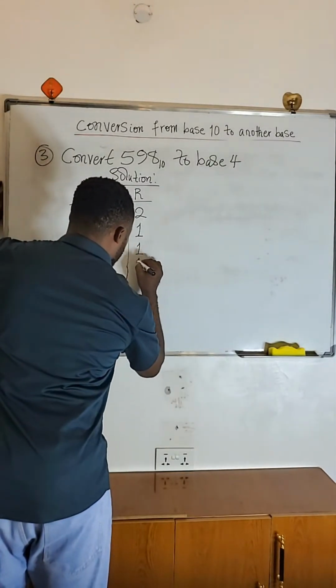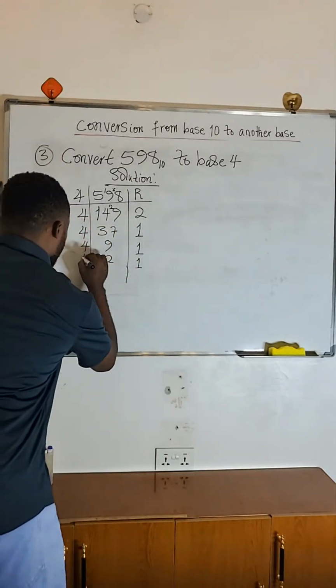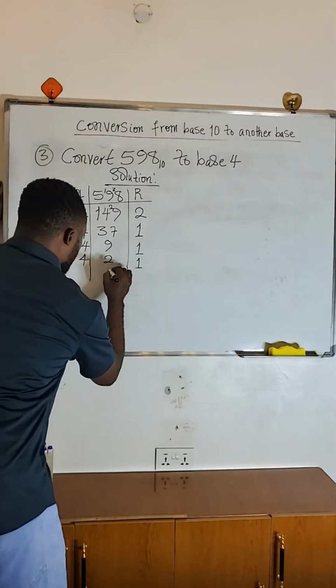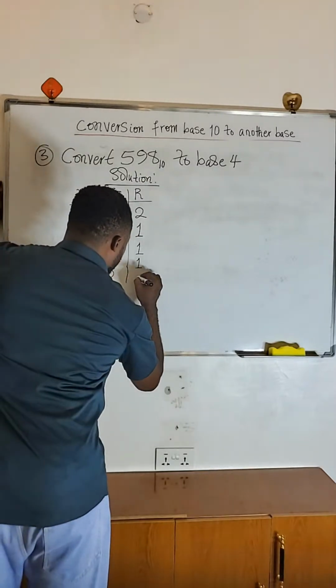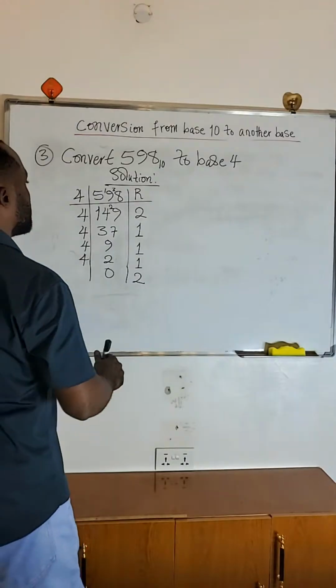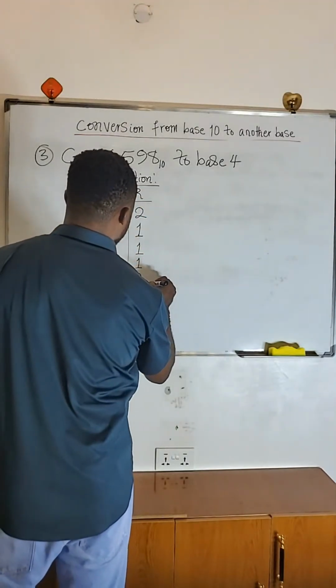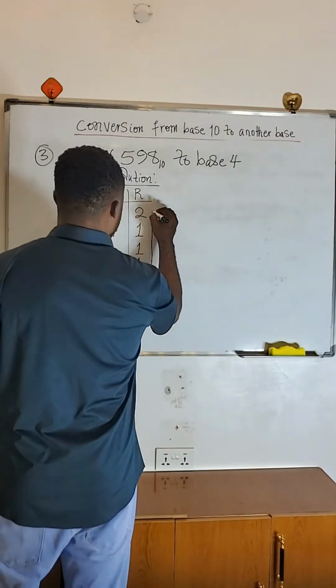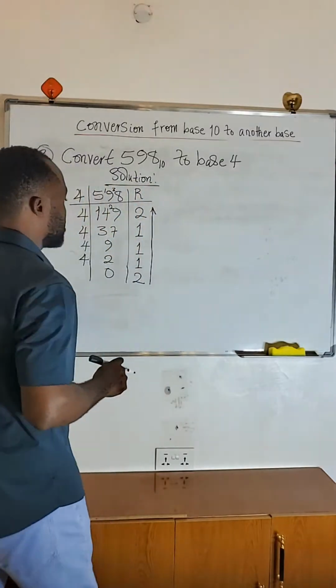Remainder 1. And so 4 goes into 2 0 times. Remainder 2. Can you see that? So if that is true, we are going to pick our results in an upward order.